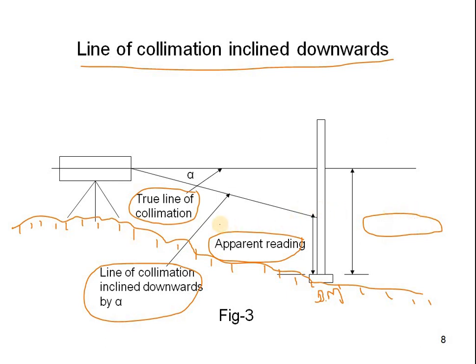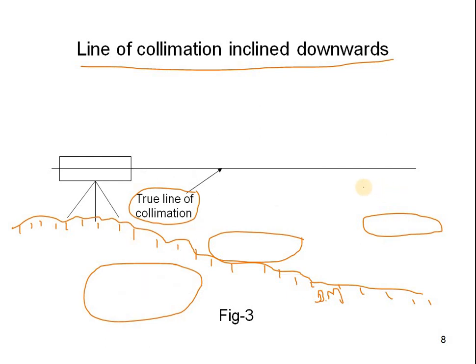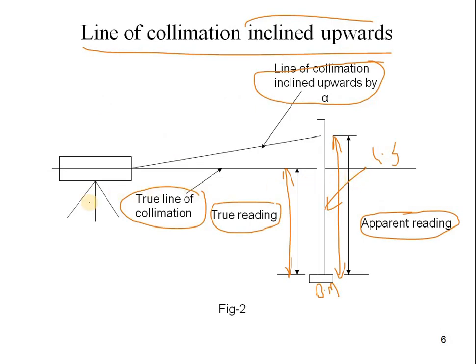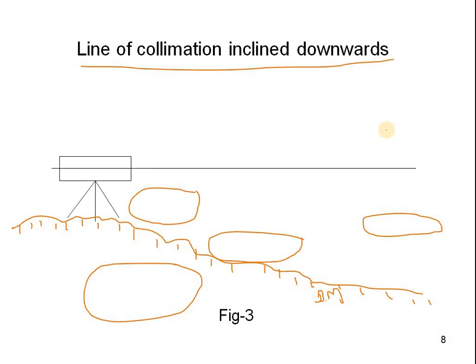But similarly to the previous case, we can see here this diagram will be at this place. In this case also the staff will be upwards and downwards. So this is the difference between inclined upwards and inclined downwards.